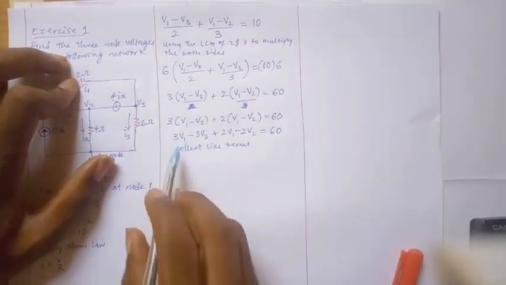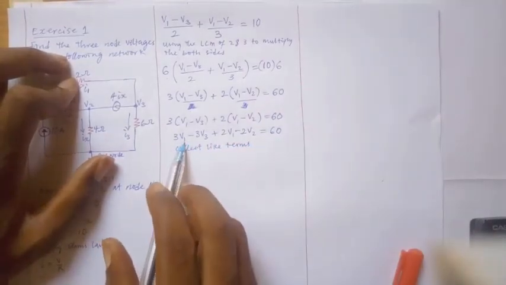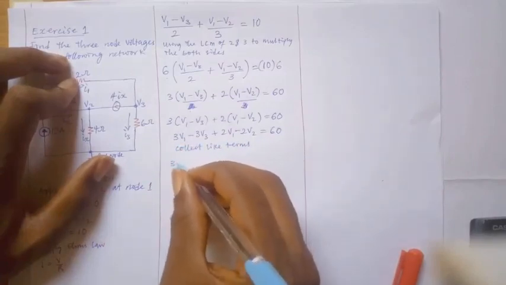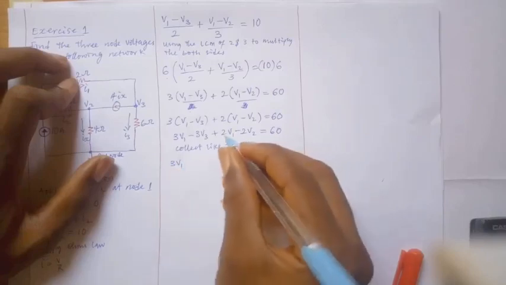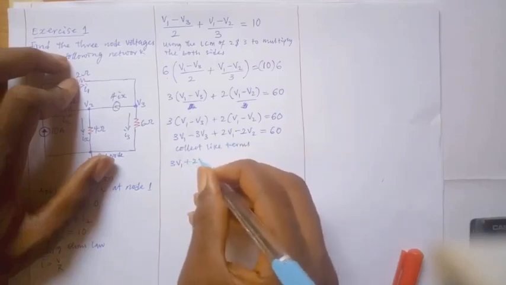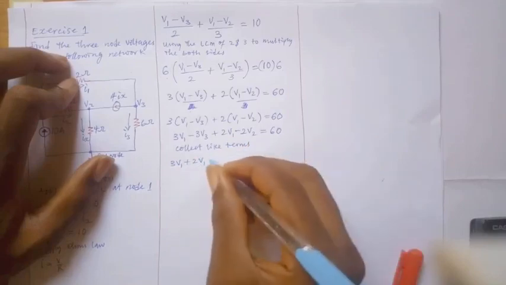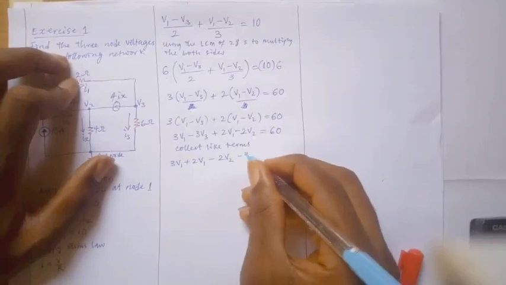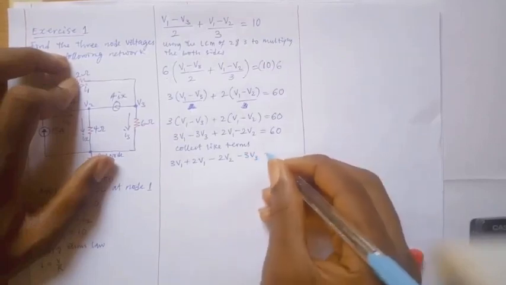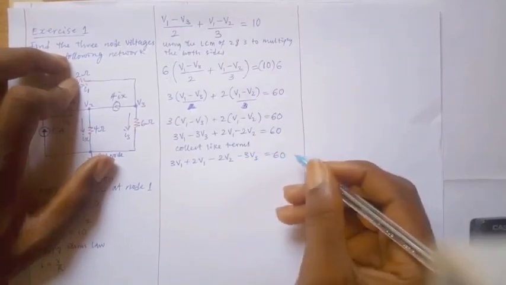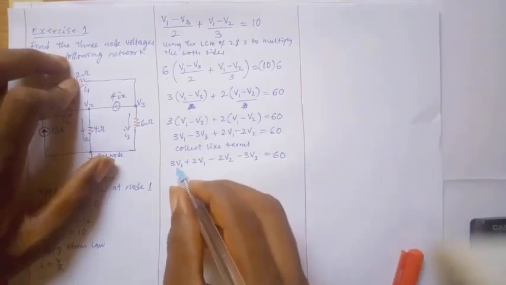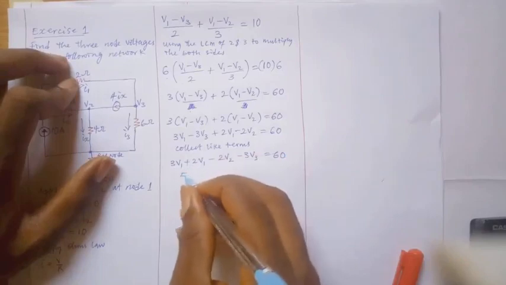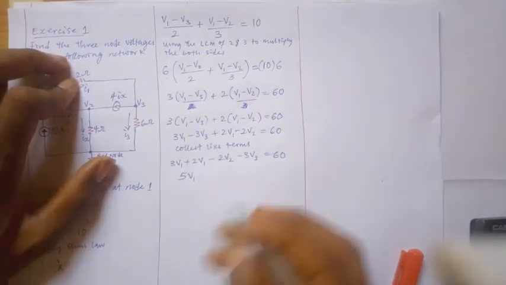Now, when we are collecting the like terms, we have 3V1 here and 2V1 here. It's common. 3V1 plus 2V1 minus 2V2 minus 3V3 equal to 60. Now 3V1 plus 2V1 will give us what? 5V1. Thank you for following me.